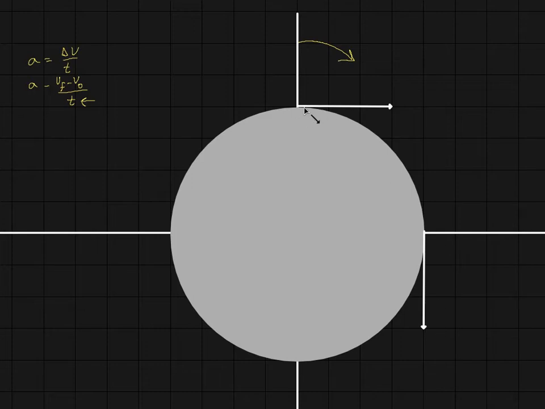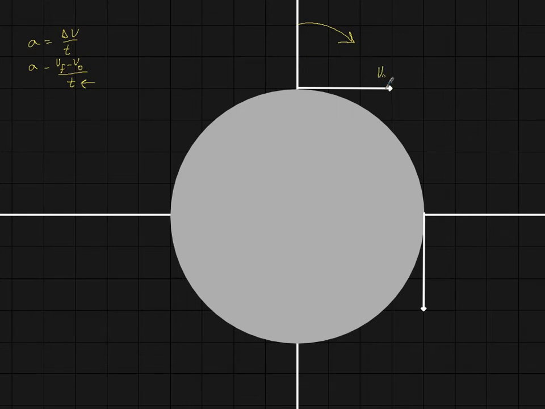So if I want to determine what the acceleration is going from this point to this point, so this is v initial and that's v final, then what I need to do is find this quantity right here, v final minus v initial.